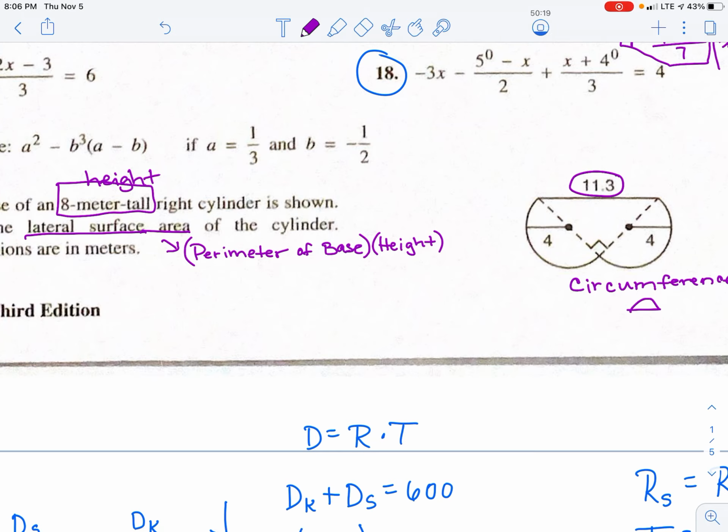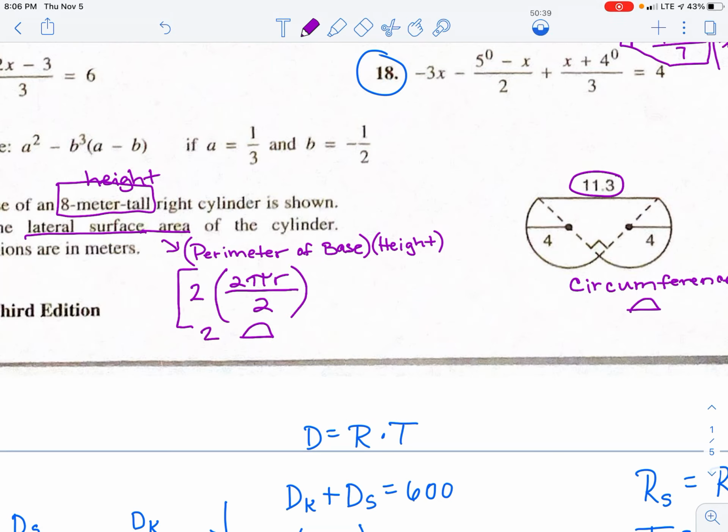So what I have is 2 semicircles, and they are going to be 2 pi r. Since it's a semicircle, we'll go ahead and divide it by 2. But watch this. There are 2 of them.